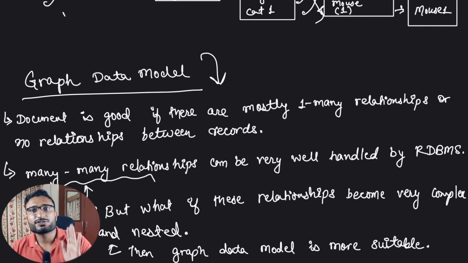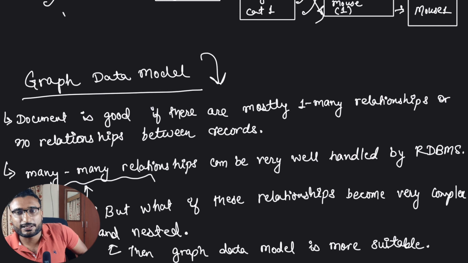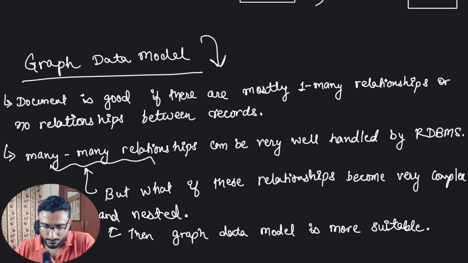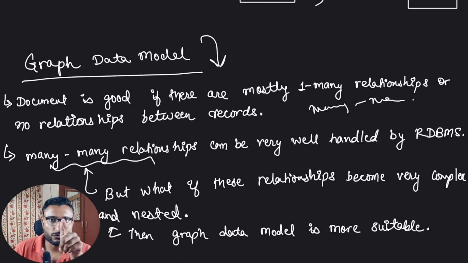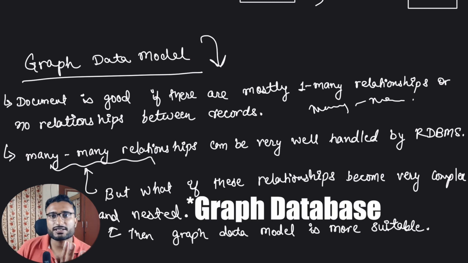NoSQL, let's say the document data model. But if there are many-to-many relationships that are too complex, like the example we took of Facebook, then your SQL database will not be scalable enough to handle those. In that case you should move towards a network database.